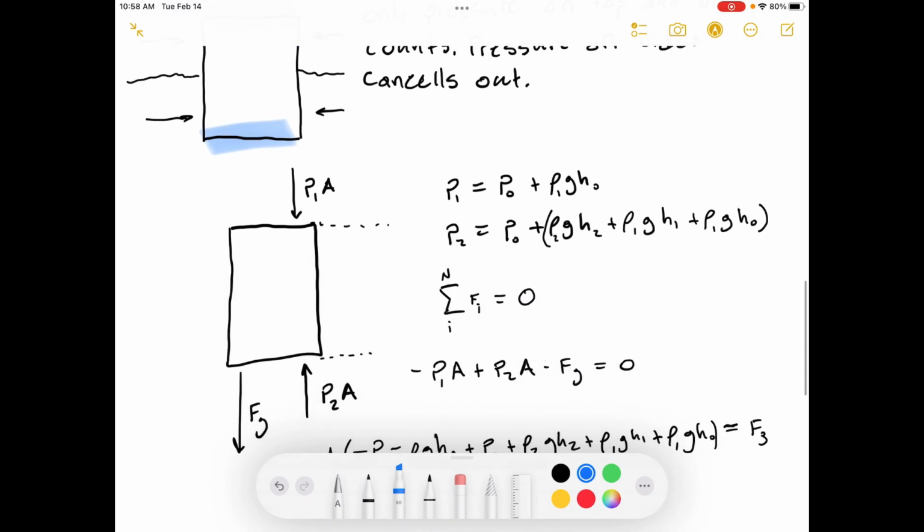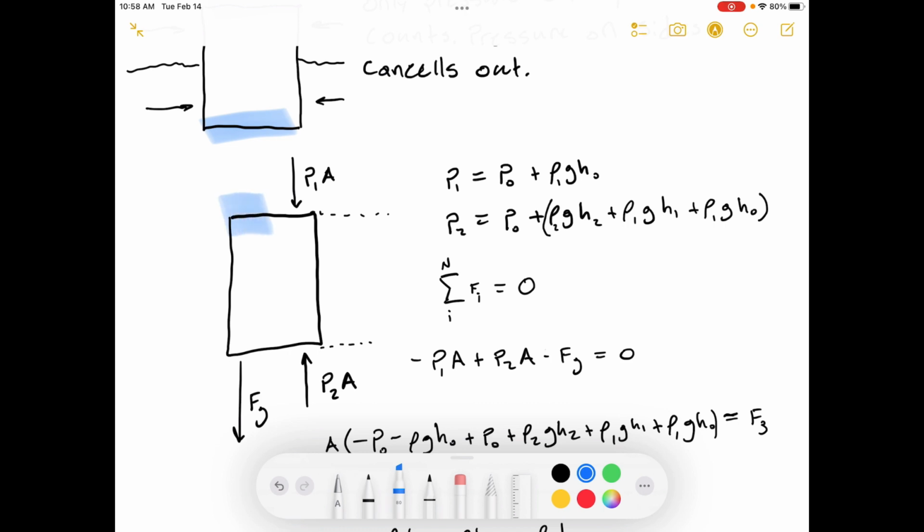So on the top surface, what's the pressure of the liquid at the top surface of the block? Well, it's the pressure at the top surface times the cross-sectional area, because force is pressure times area. Okay, so we have a pressure term here, and we're multiplying it by the cross-sectional area.